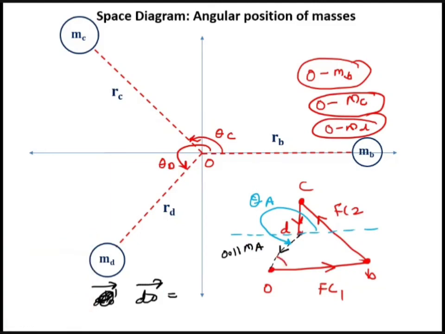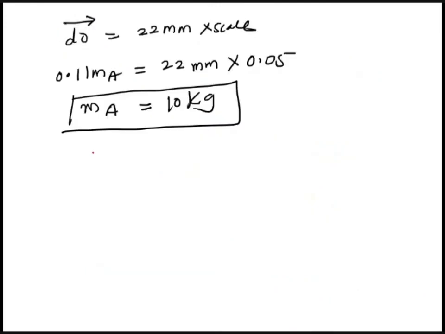After measuring, let us say you are getting 35 degrees. So theta A will be 180 degrees plus 35, which is equal to 205 degrees. So I am getting theta A, the position of mass MA, equal to 205 degrees.